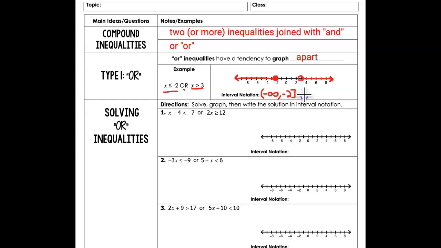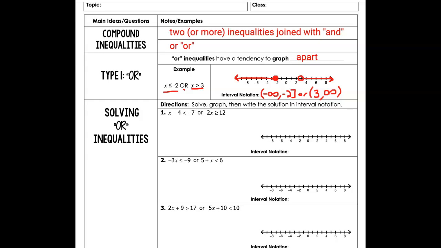Or, for this part on the right, we start at 3, not included, so it gets a parentheses. It goes all the way to +infinity. We put our parentheses. So this is an example of an or inequality. Usually the arrows will point away from each other, and we have to write two separate interval notations.